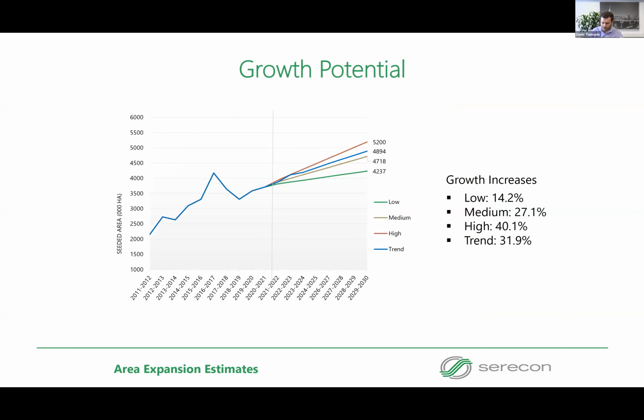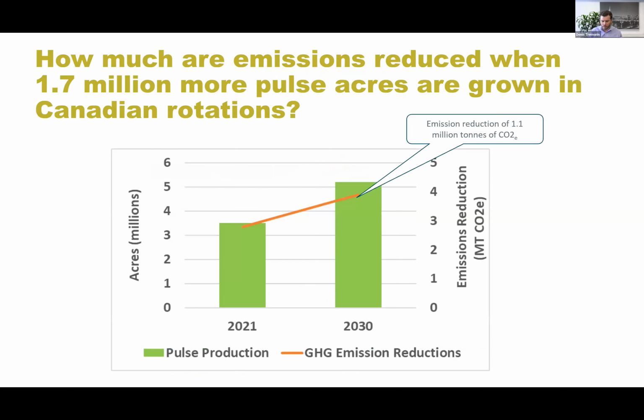And we found that if we had a high rate of growth, that production system could add 1.7 million more pulse acres on the prairies, and that would reduce emissions by another 1.1 million tons of CO2.